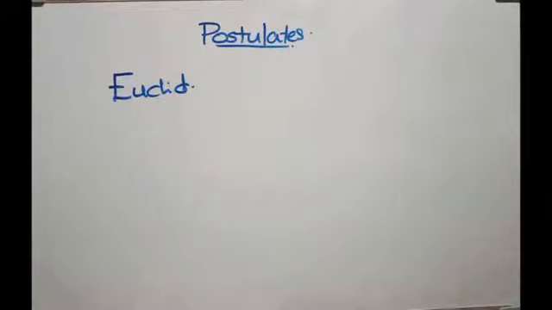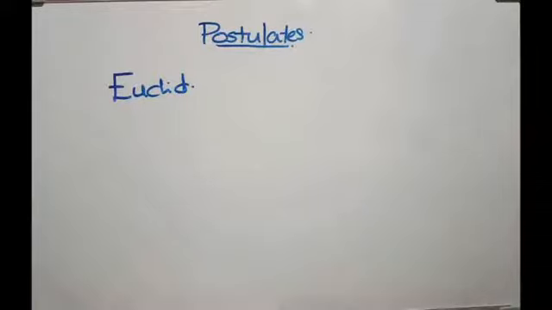Euclid, who is considered as the father of geometry, wrote down many assumptions which are obviously universal truths. Few assumptions are meant for all mathematics, and a few assumptions meant only for geometry. So Euclid made many assumptions, and those assumptions were natural truths which do not require any evidence.